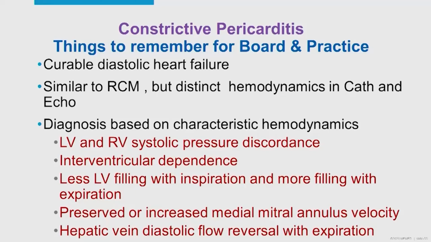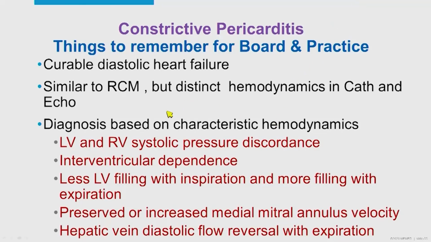So, things to remember for your board and practice. This is a really curable diastolic heart failure, as I showed you. Phenotypically, many features are quite similar to restrictive myocardial disease, but with quite distinct hemodynamics, as I showed you: the interventricular dependence in cath and echocardiography.